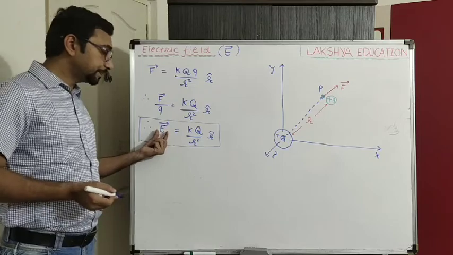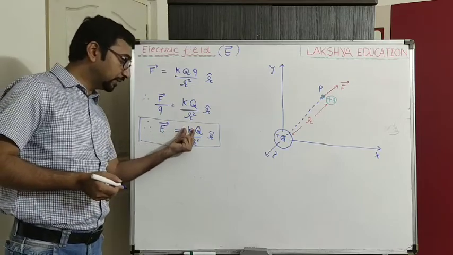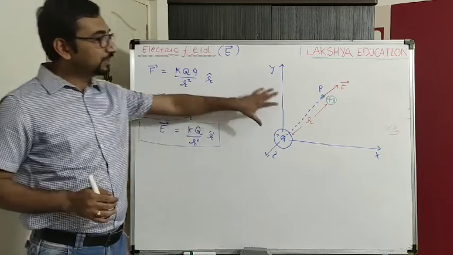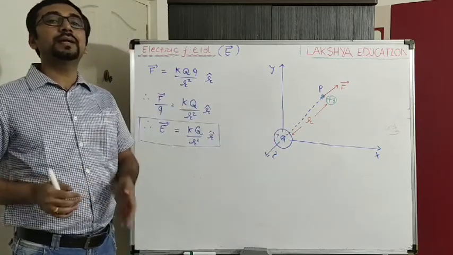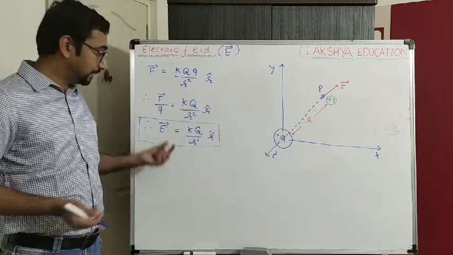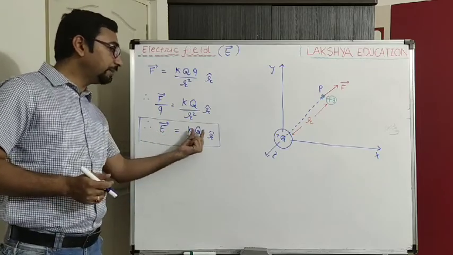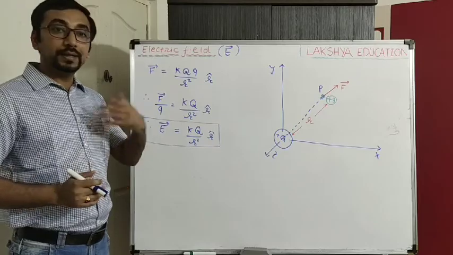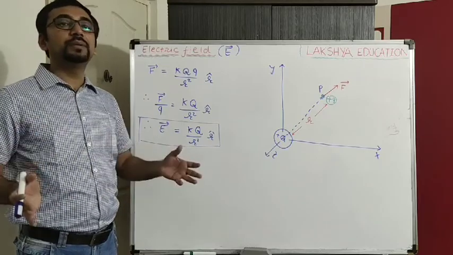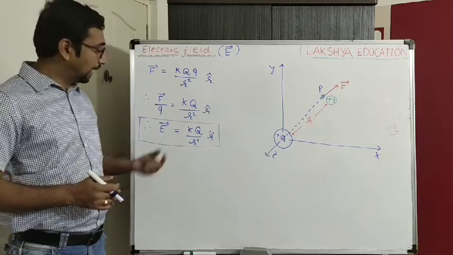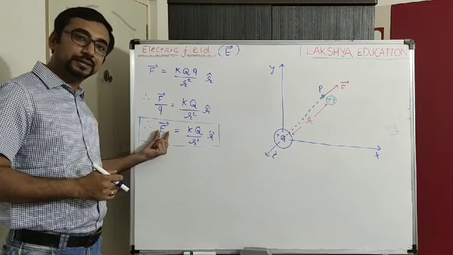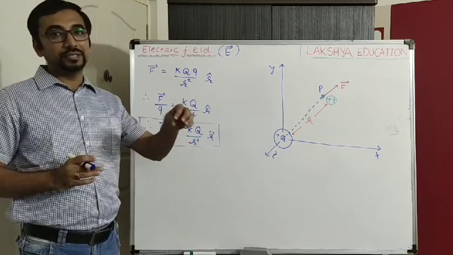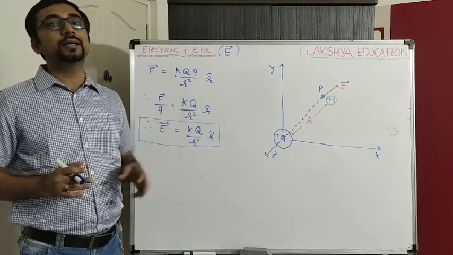See here, electric field first depends on the medium in which the charge is placed. If we change the medium, then definitely the electric field will change. Second, electric field depends on the magnitude of the source charge. The higher the source charge, the higher the field produced by it. And the third important factor is that electric field depends on the distance at which we find the electric field.